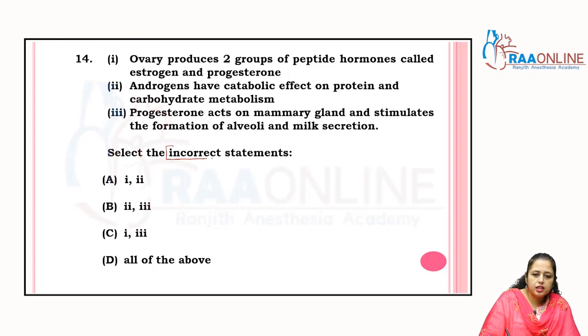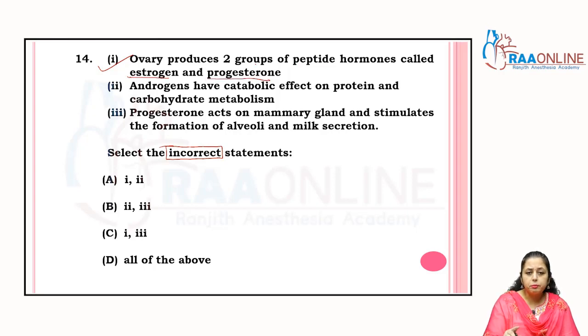Select the incorrect option or the incorrect statements, right? Ovary produces two groups of peptide hormones called estrogen and progesterone. Correct? No, it is not correct, right? They are steroidal hormones, they are not peptide hormones.